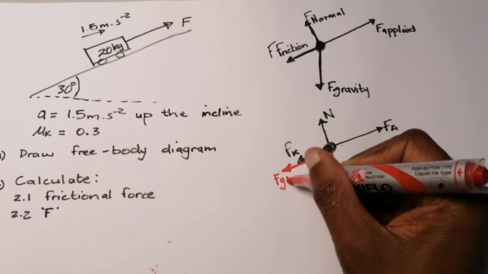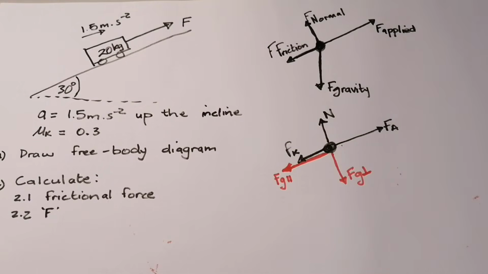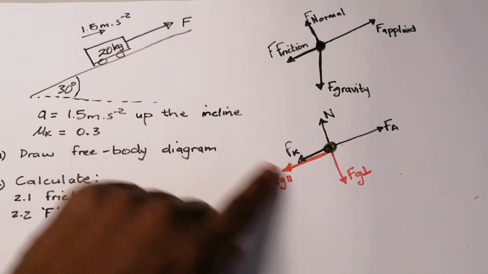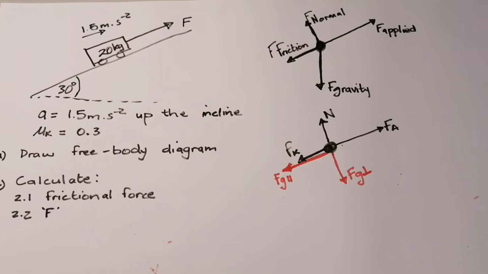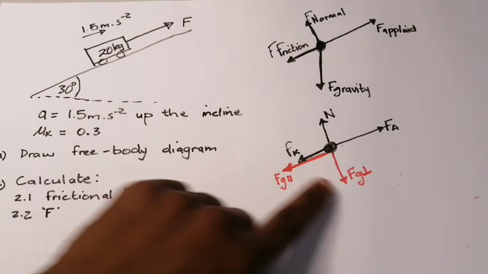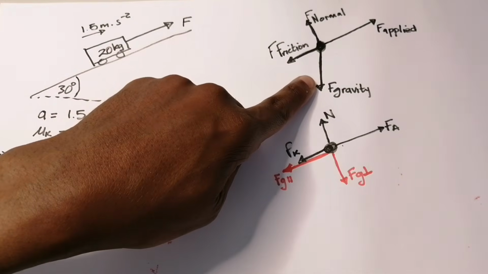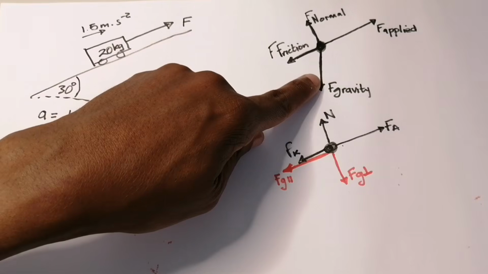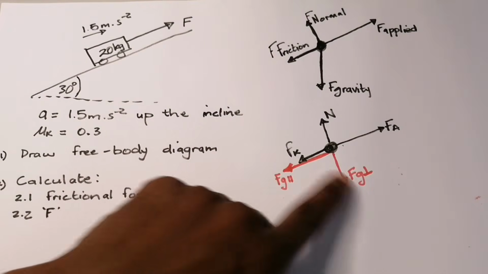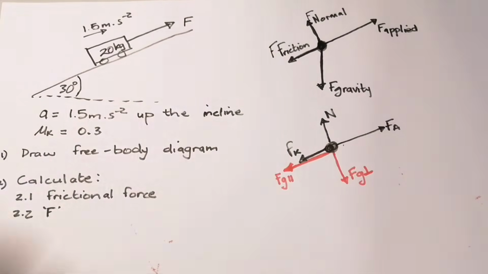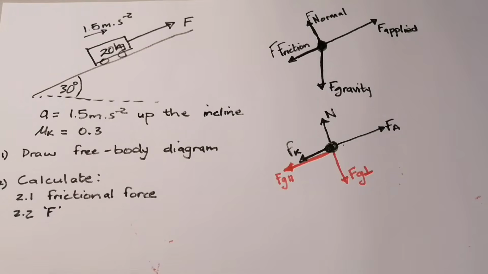So FG parallel. In this case, those are my two forces that are the equivalent of that force of gravity. So I've replaced that one force with those two. Remember, these two acting together are exactly the vector equivalent of that force of gravity.